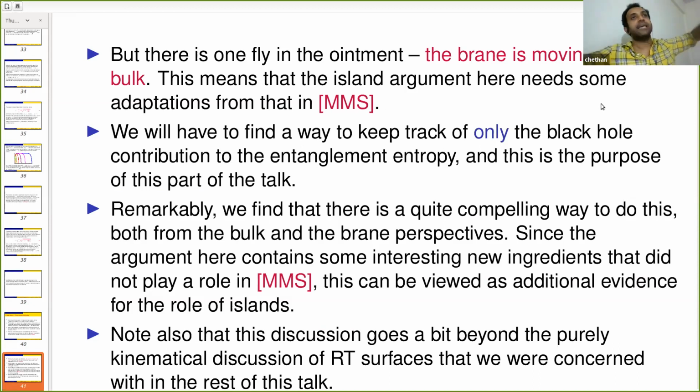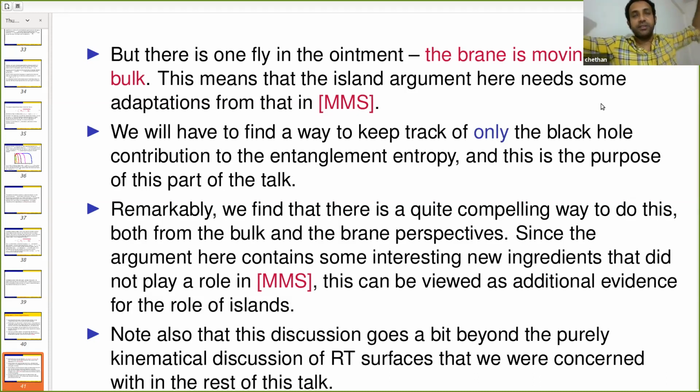If you just look at the size of these extremal surfaces, they are just increasing, because the location where the brane is attached to the bulk is directly related to the size of the place where the anchoring surfaces are for these RT surfaces. So the contribution to the entanglement entropy coming from these things is constantly rising, at least naively. So that seems like a problem.